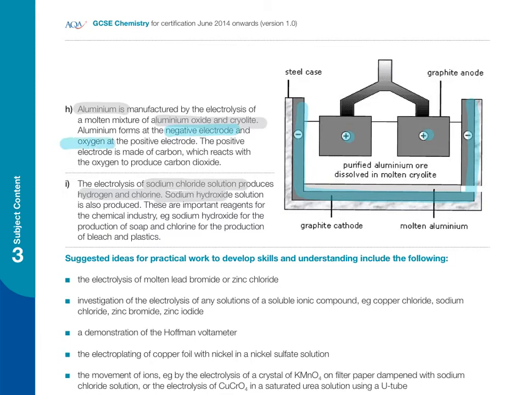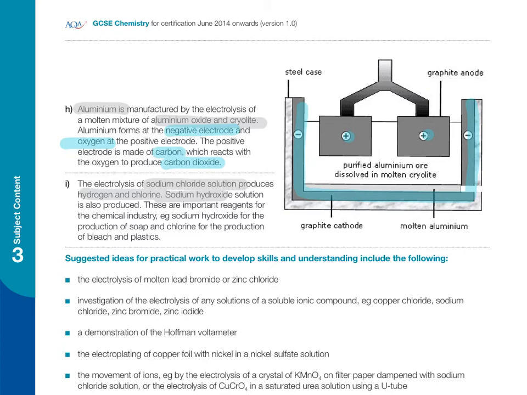oxygen is formed. But here, the thing to remember is that your positive electrode, your anode, is made of carbon, and so the carbon reacts with the oxygen and you actually get carbon dioxide made. So your two products are the aluminium formed at the negative electrode and the carbon dioxide being produced at the positive electrode.